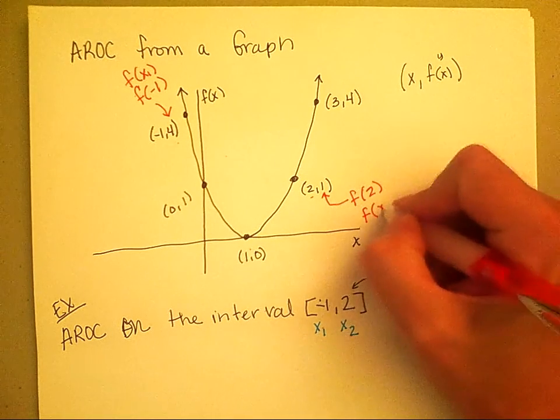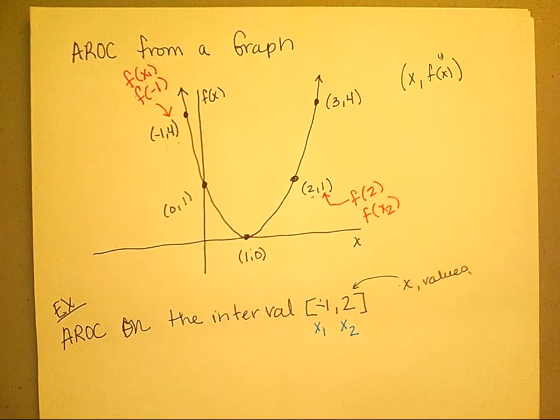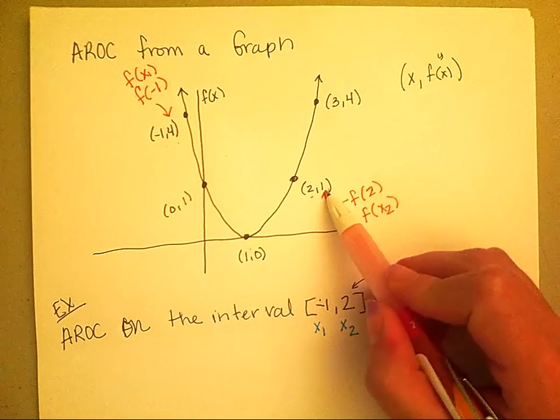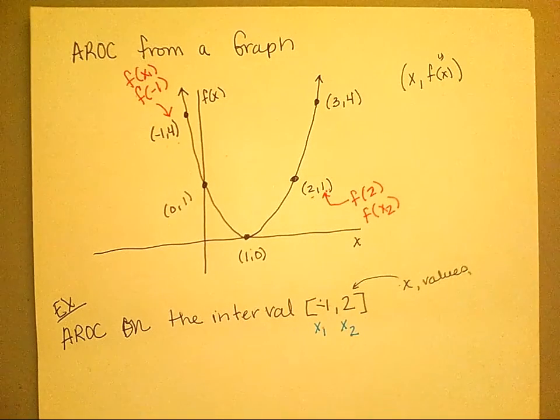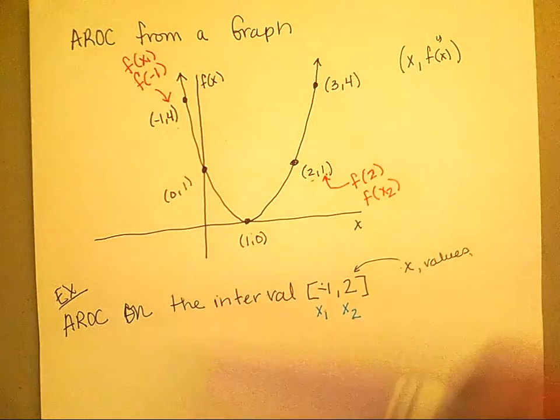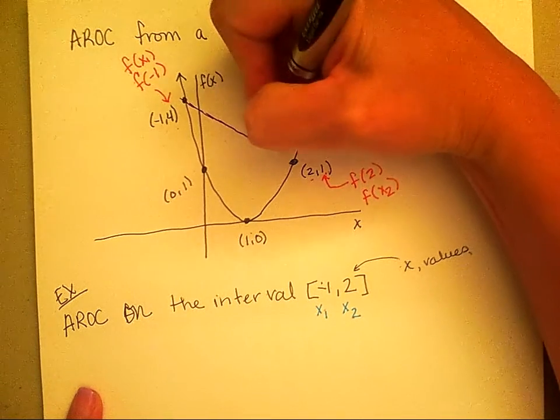Now x2 is 2, so that means here 1 is f of 2 or f of x2. Okay, so when I put x2 in, which is 2, out comes 1. So 1 is our f of x2.